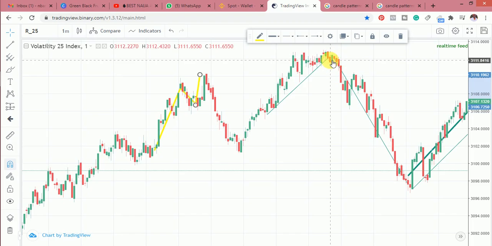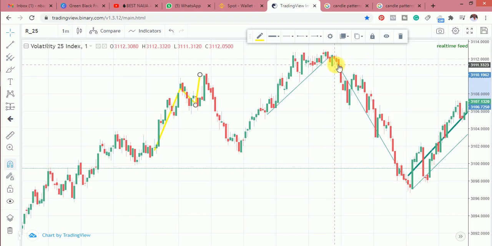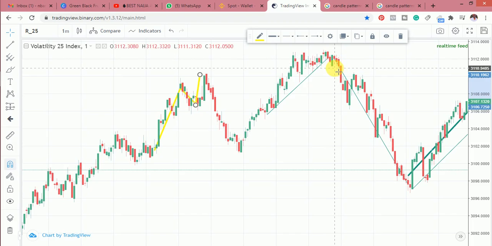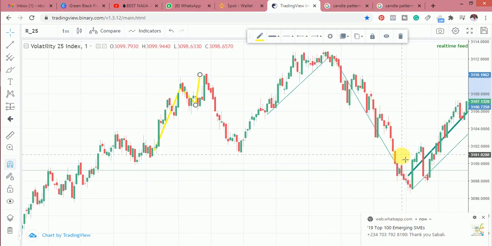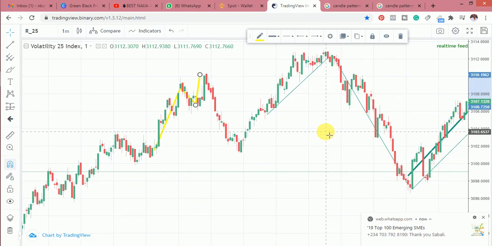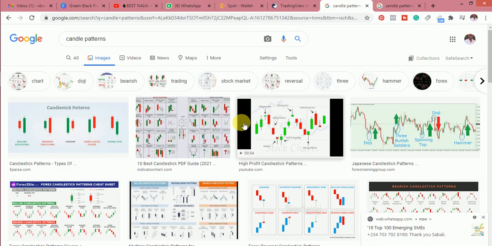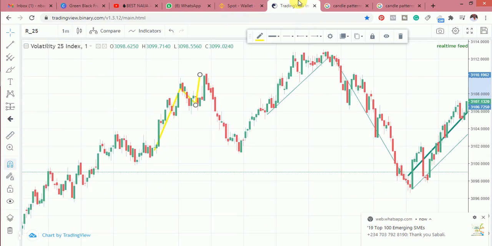Now the trade can be won somewhere here or down here or down here. All right, that's for options. But for MT5 or something, it will go all the way down. So that's how you get to understand, you get to use it just mainly by knowing the particular format, the way the candle forms.